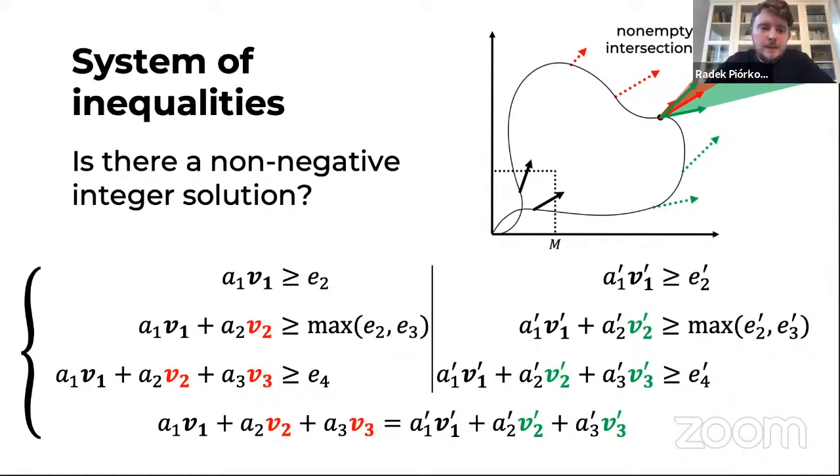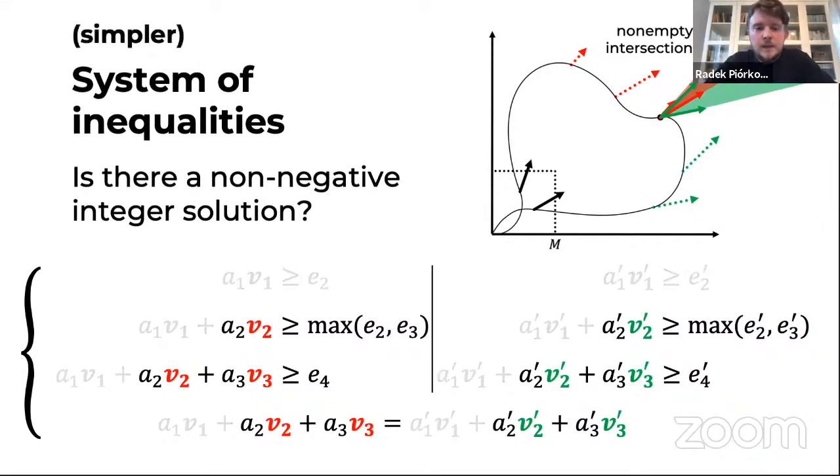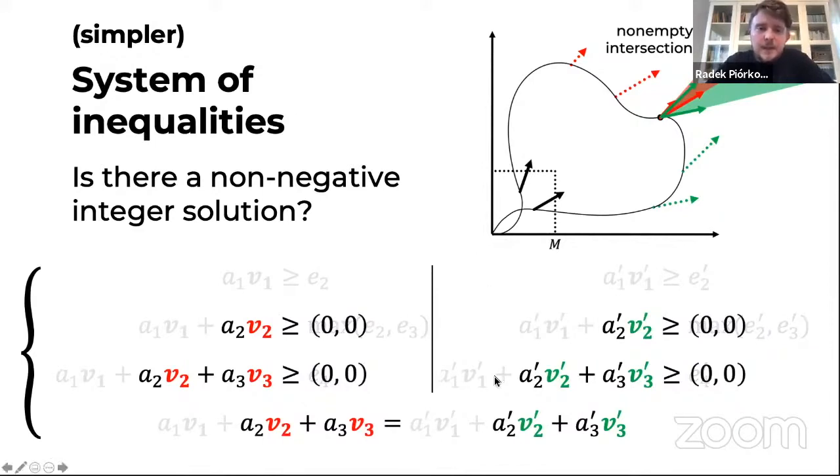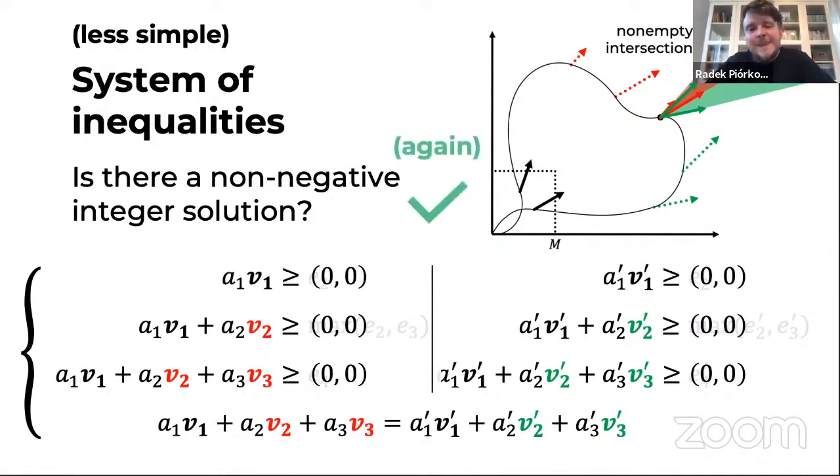So let's not get into the details here. I will just tell you that we analyze, first of all, some simpler system of equalities here. And we prove that it has an integer solution, non-negative integer solution, just because there is this non-empty intersection. And then we conclude that some other system also has a solution.